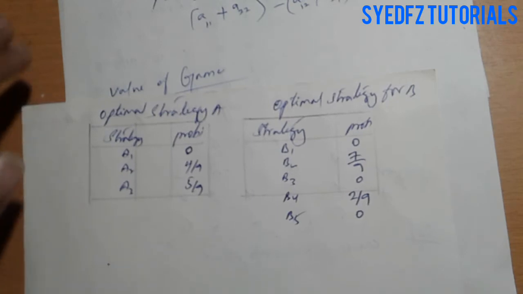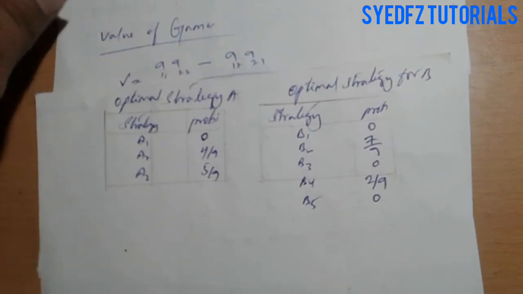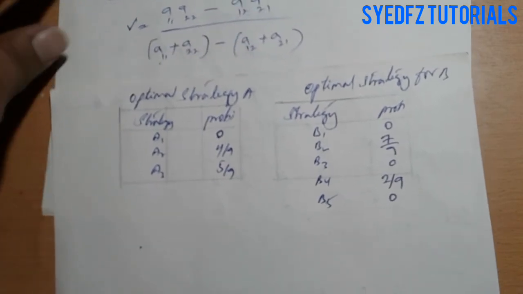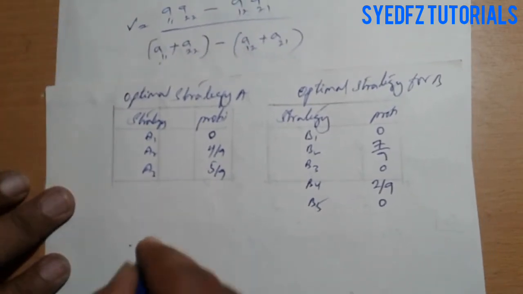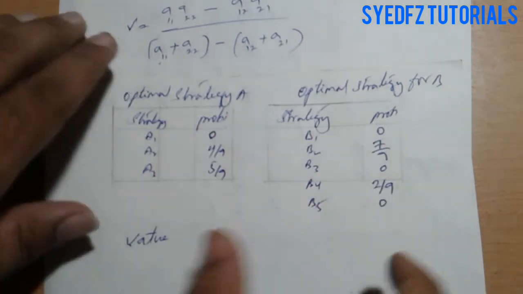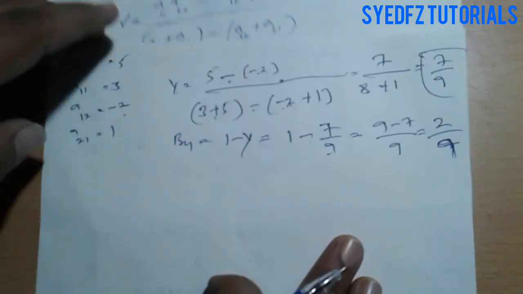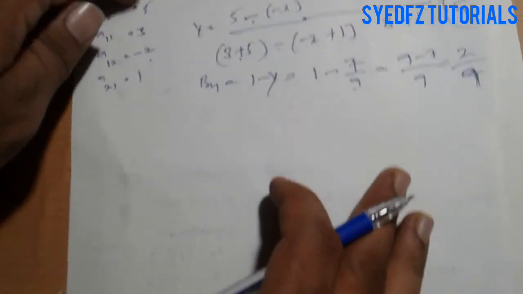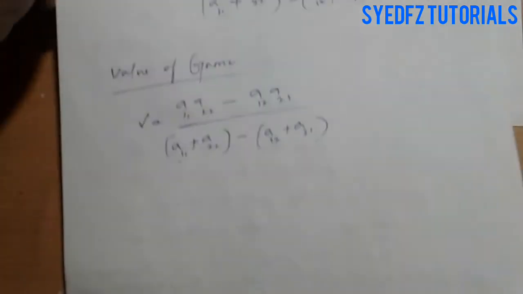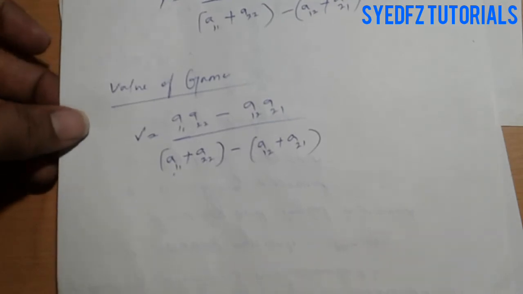Now what we have to do? Calculate the value of game formula. The value of game formula should be compulsory, otherwise write here the value of game.